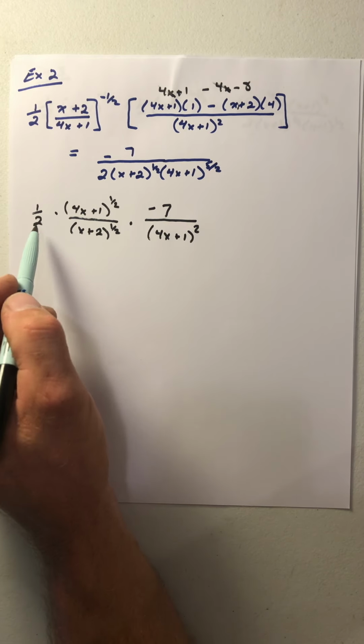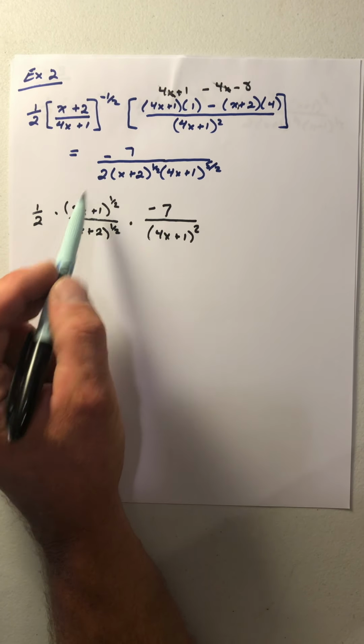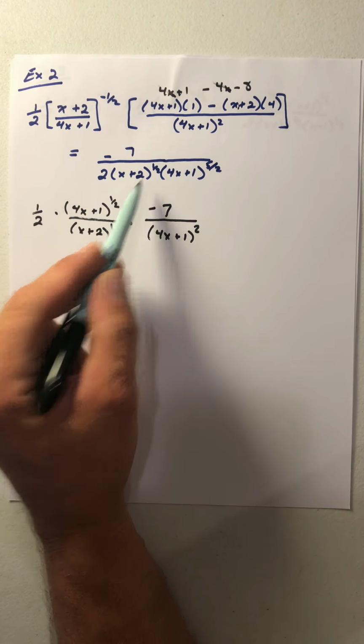Well, now if I look, I have my 2 in my denominator. I have x plus 2 to the 1/2 in the denominator. I have my negative 7 in the numerator. So I just have to work with these 4x plus 1s. I have a 1/2 on top, 2 on the bottom. If I think about this, 2 is actually 4 halves.